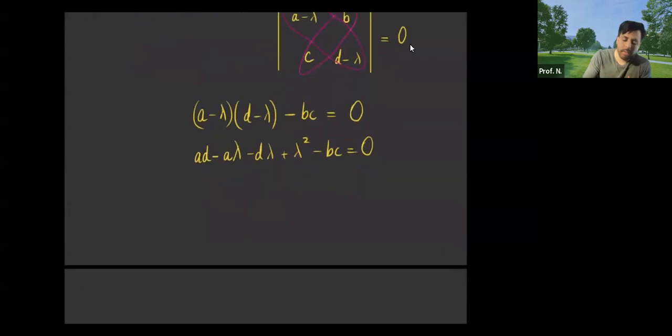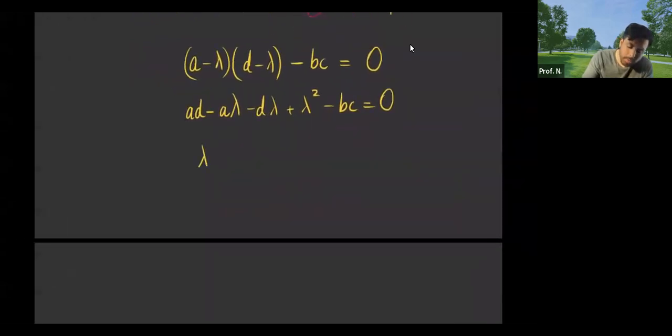See a lot of letters, but remember, this is a polynomial. So I put lambda squared first, then minus A plus D times lambda, plus AD minus BC.